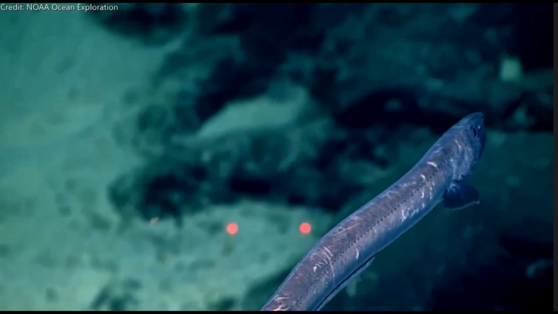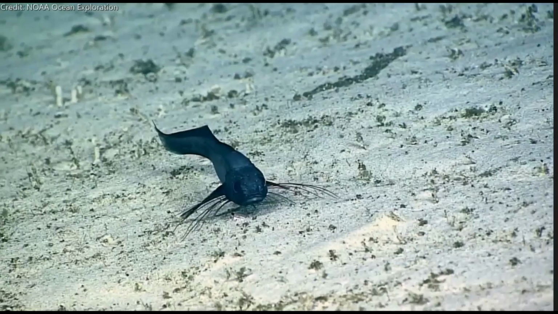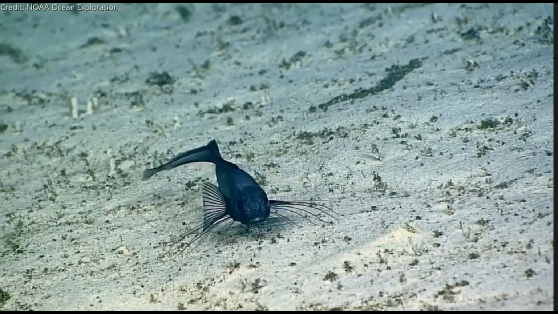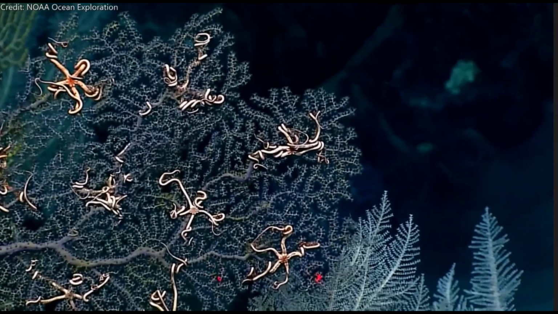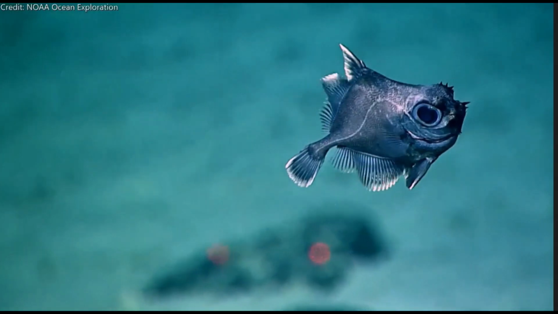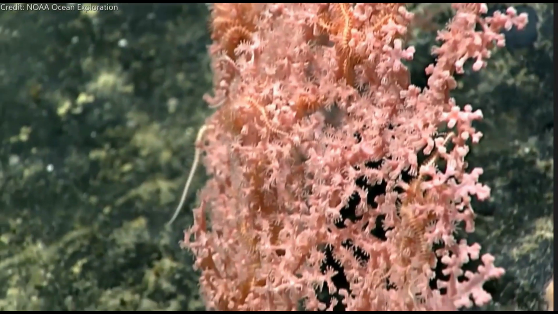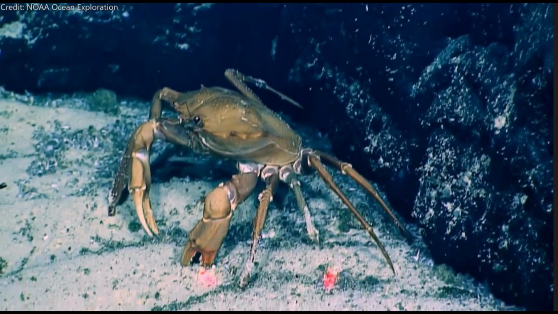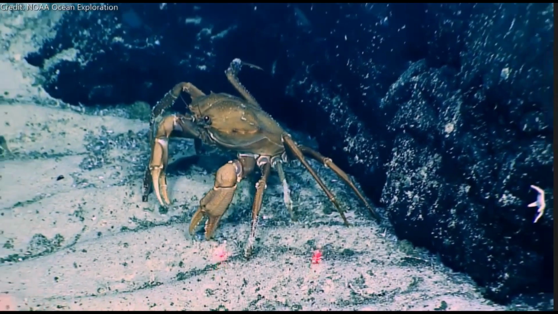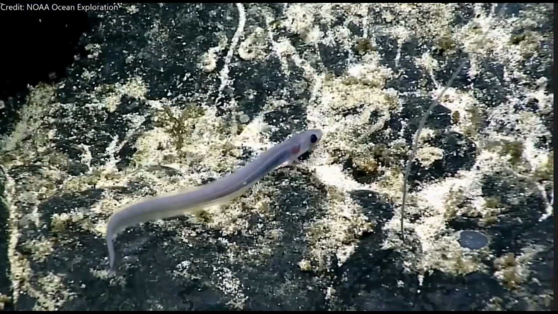Some of them are very well known, some not so well known, but they are thriving with life. And they attract fisheries. They are important for fisheries because of the high productivity. They attract fish, and as you see, lots of corals and fishes live there, and other species that are, most of them, again, unknown to science.